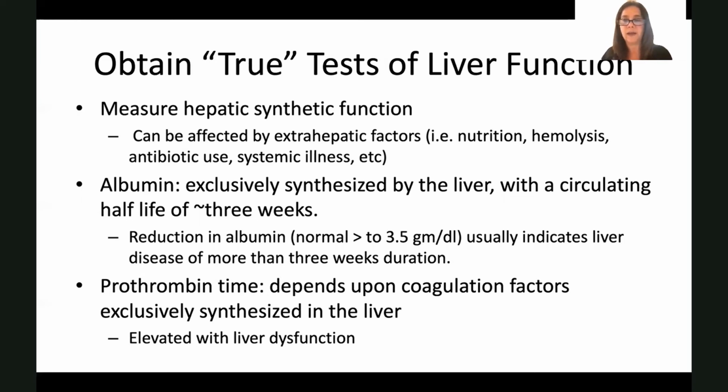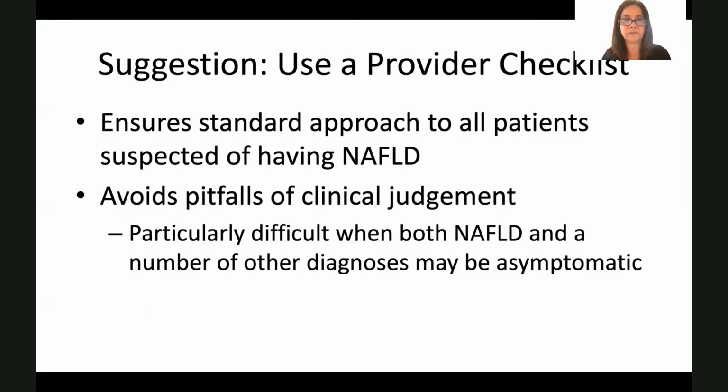So if you're seeing elevated AST, ALT, and a reduction in albumin less than 3.5, but certainly less than 3, that's when you've had a chronic liver disease going on for more than 3 weeks duration, and the liver is just not synthesizing albumin. And then PT will be elevated. And again, that's because they're coagulation factors, which are exclusively synthesized in the liver.